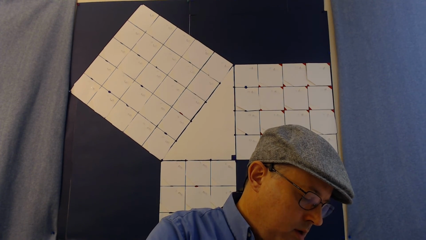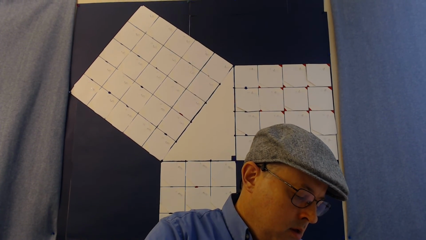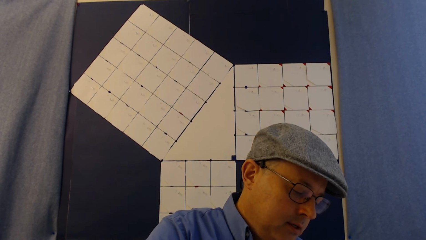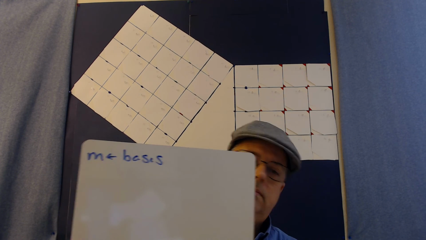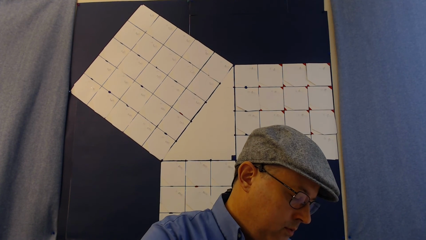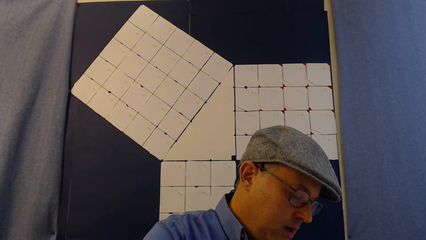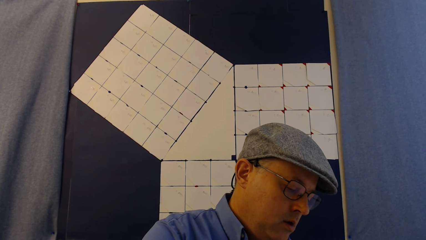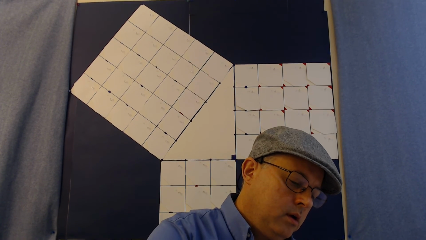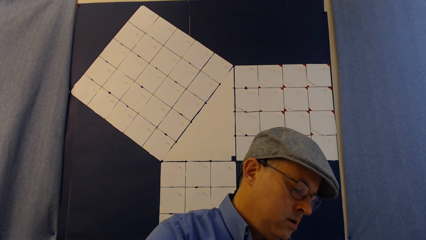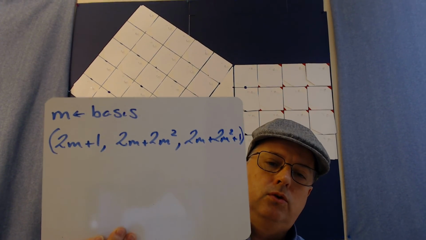We have this one. If we have a basis of m, then we have 2m plus 1, 2m plus 2m squared, and 2m plus 2m squared plus 1. That was our first formula from earlier.